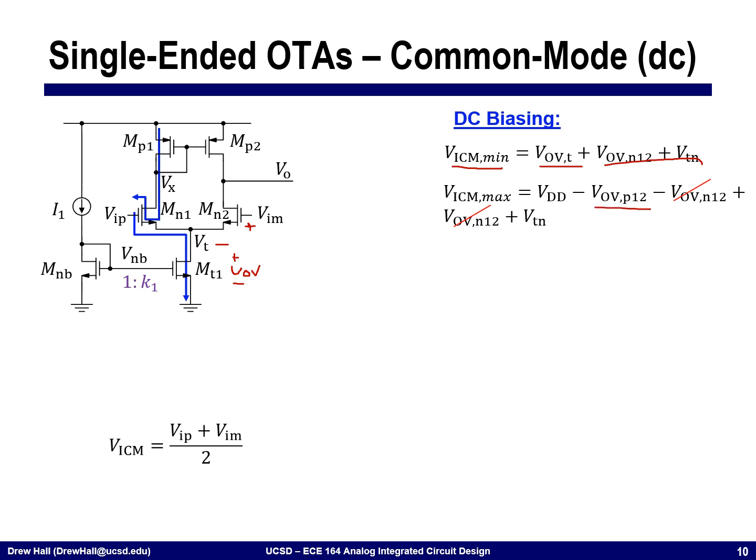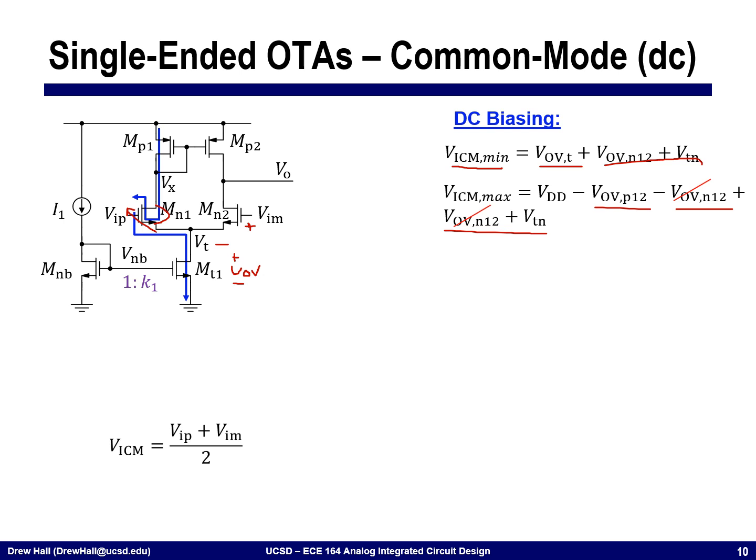Okay. And then I come down this node. In order to cross this, I need 1 VOVN. And then I go back up, and that costs me a VOVN plus VT. As you can see, the two VOVNs cancel out. And so my input common mode maximum is VDD minus VOVP plus VTN.